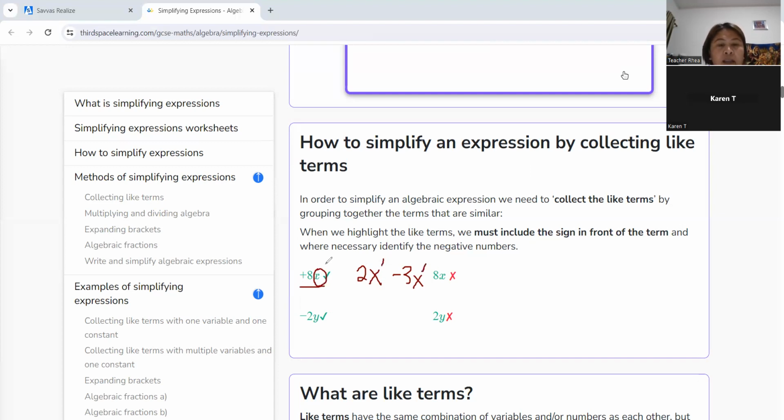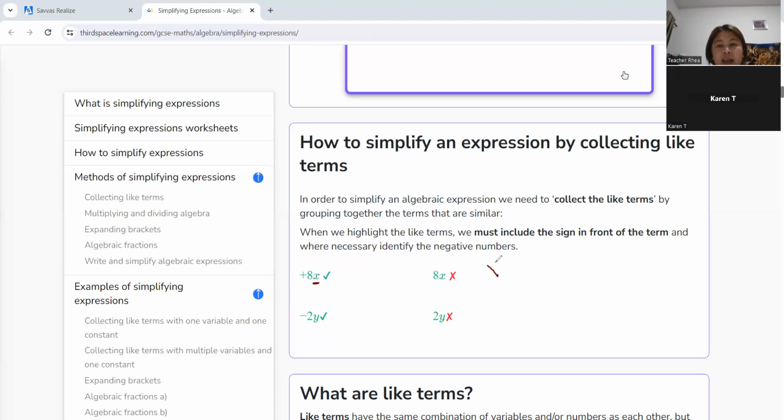The exponent is equal to 1, because, as you remember, if the variable has no exponent, that means the exponent is equal to 1. If there is no coefficient, it means the coefficient is equal to 1. So when we say like terms, these are terms that have the same exponents and the same variable.